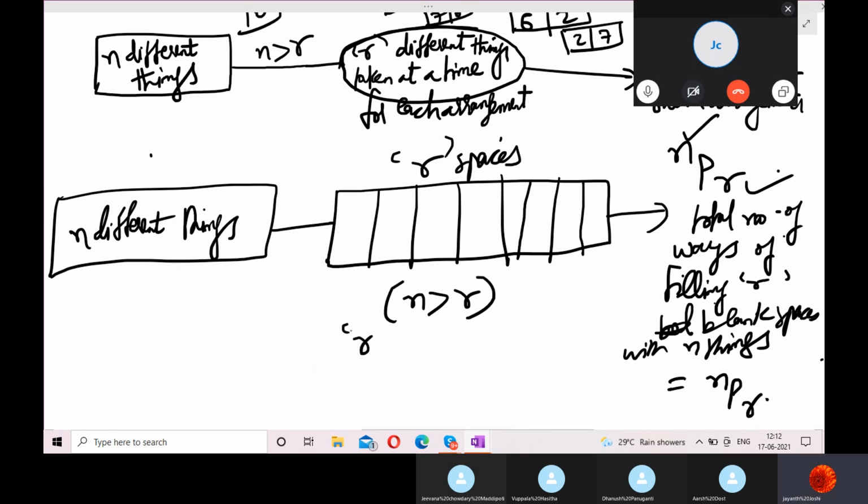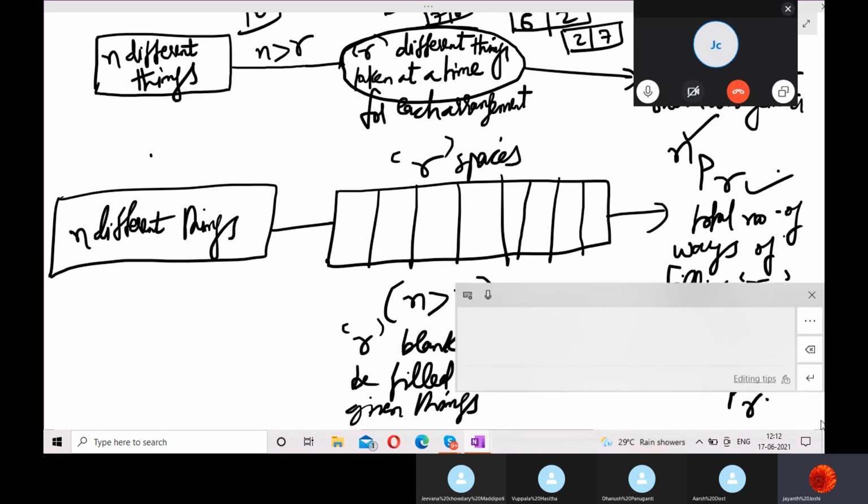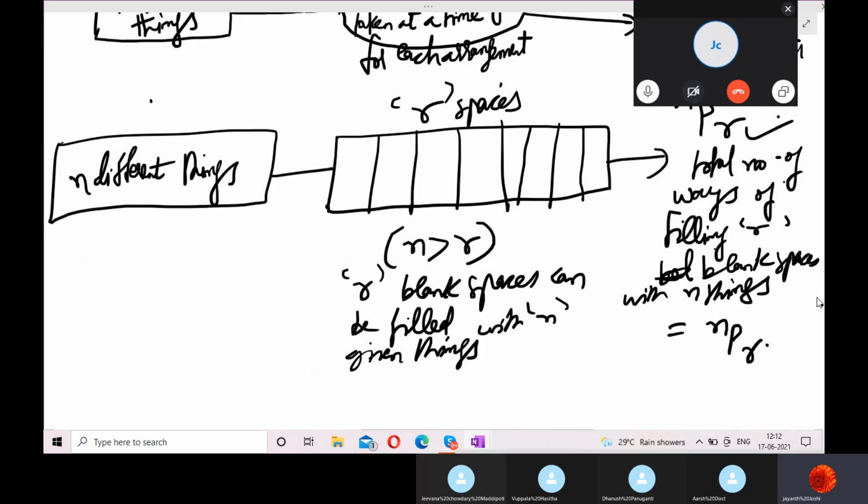All of you make a note of this: r blank spaces can be filled with n given things. Nothing should be repeated in this arrangement. The arrangement should be made in such a way that no repetition happens.